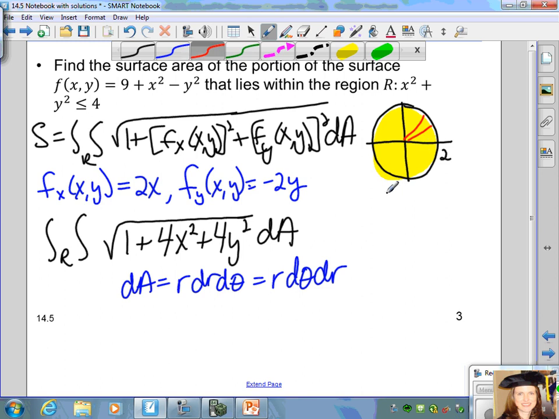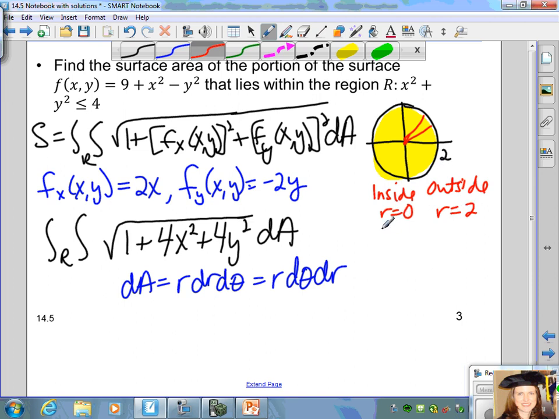So we can determine our bounds for r. We can determine the inside r, the smallest radius of any slice here. That smallest radius is going to be 0. And the outside radius, that largest radius, is the radius equals 2. Your lower bound is 0, your upper bound is 2.